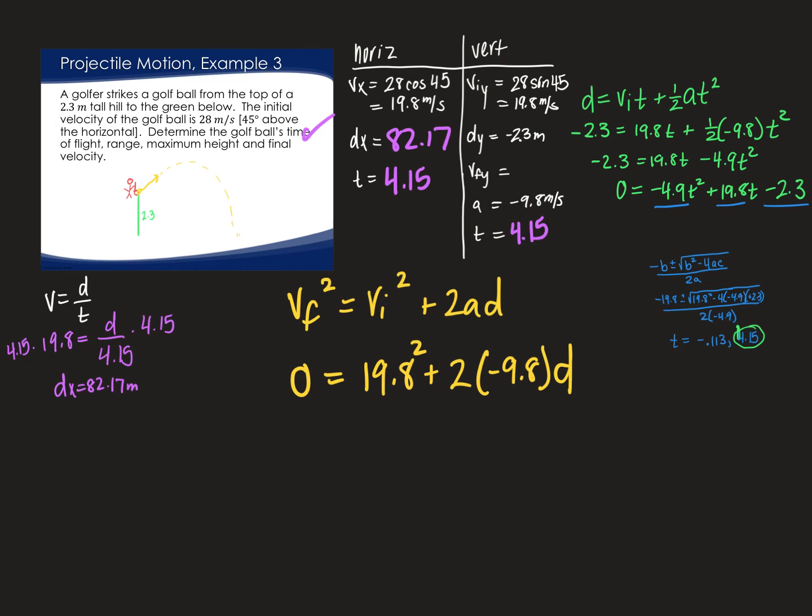Okay, so we will square the 19.8, which gives us 392.04. And 2 times negative 9.8 is negative 4.9 times D. So we'll subtract this over.